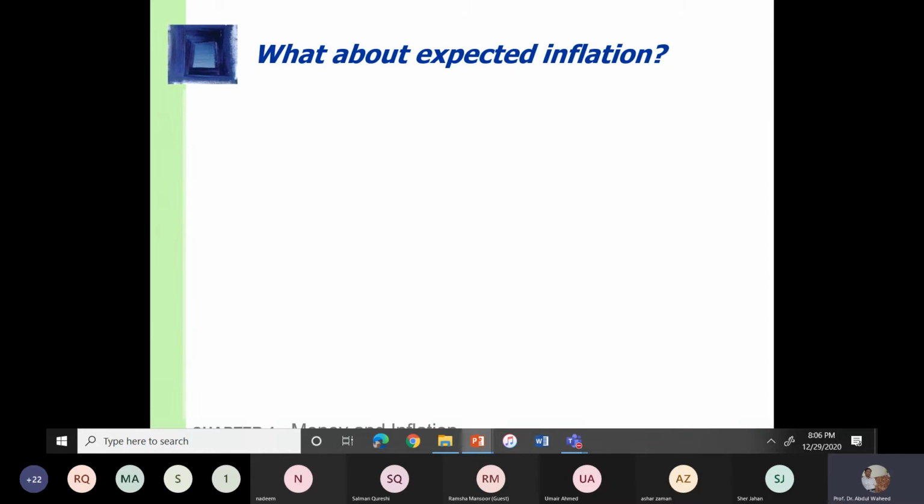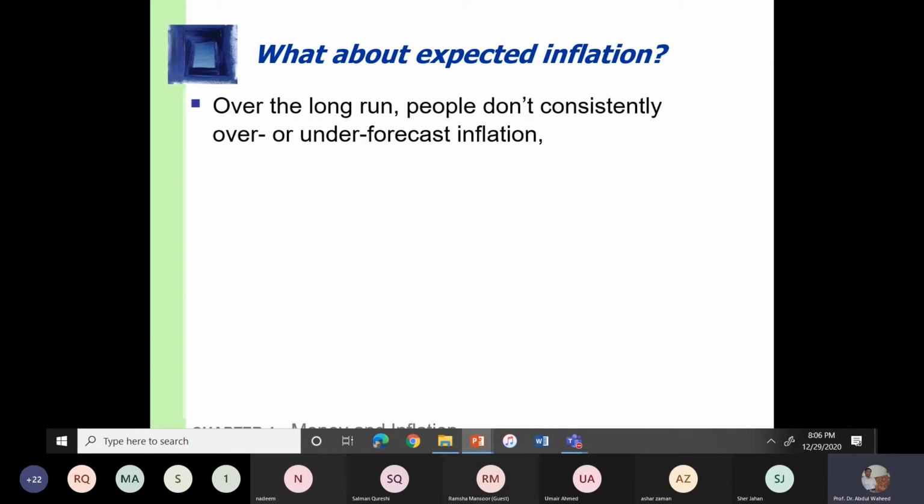Then what about the expected inflation? Over the long run, people don't consistently over or under forecast inflation. So on the average, the expected inflation rate would be equal to the actual inflation rate.